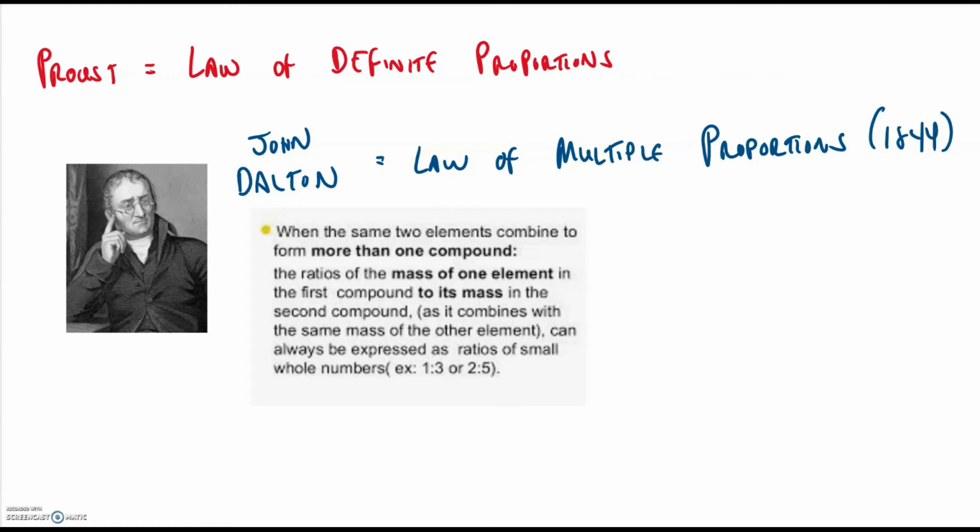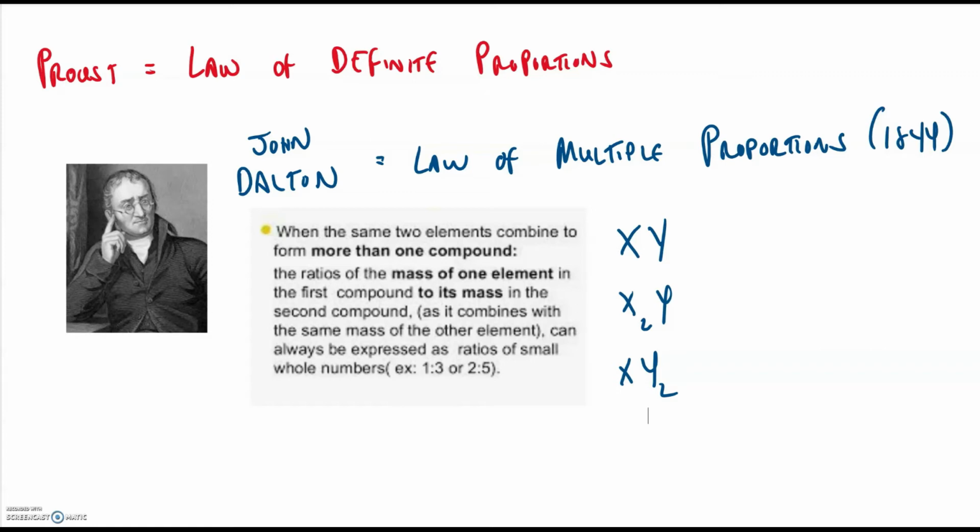When we mean more than one compound, we mean a compound involving elements X and Y, and they could form compounds with different ratios of these elements. It says the mass of one element in the first compound to its mass in the second compound, as it combines with the same mass of the other element, can always be expressed as ratios of small whole numbers.